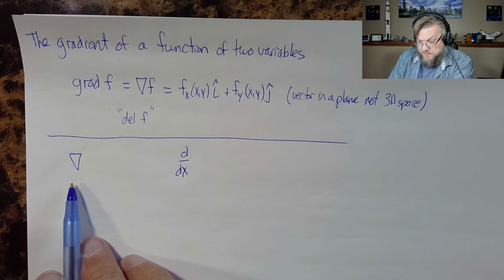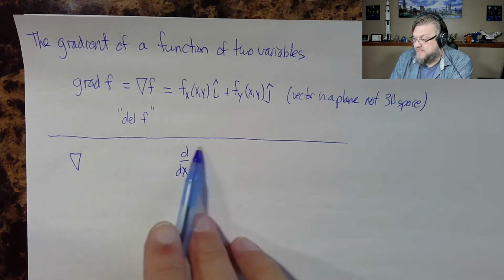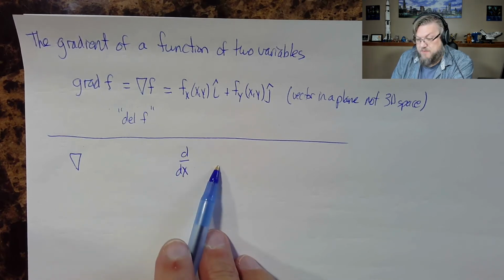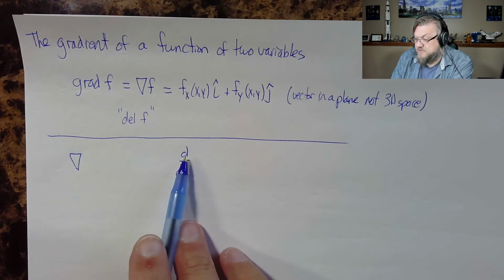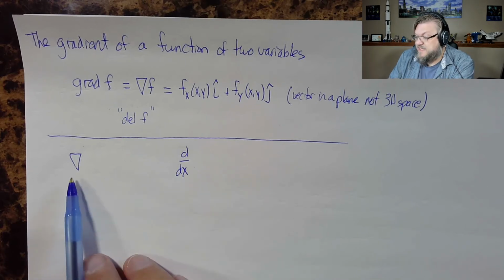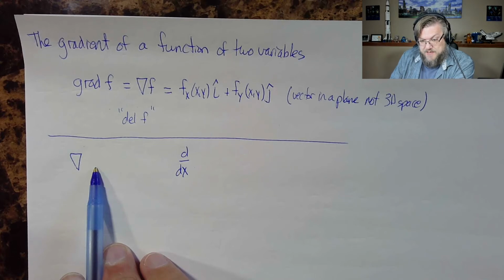It's telling you to do something to a following function. Just like in Calc 1, d/dx meant take the derivative of the single variable function that follows. So it's waiting for something to operate on. In the same sense, that's what del is. Del is waiting for a function to operate on.